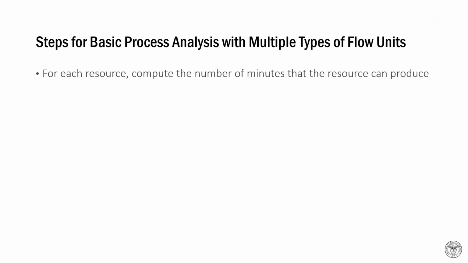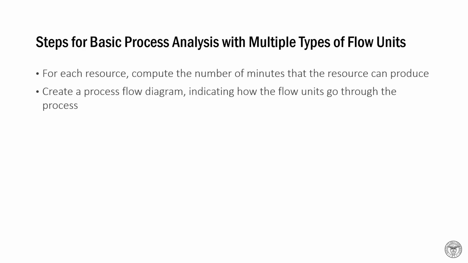In summary, to conduct basic process analysis with multiple types of flow unit, we can follow these steps. First, compute the production capacity of each resource by determining the number of minutes it can produce.